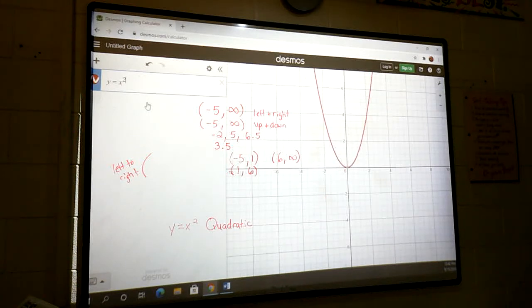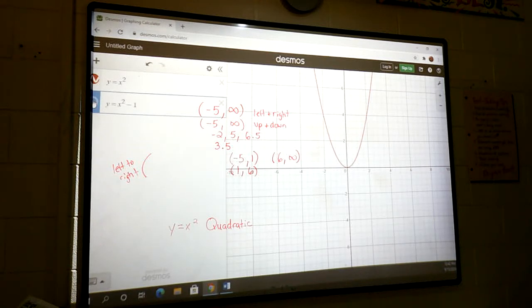And then I look at the new function, y equals x squared minus 1. What happened? It went from here to here. So I can say what happened from here to here.